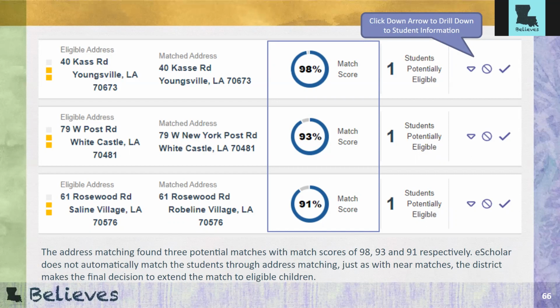It will produce a list, just as it does with near matches, for you to resolve and make a final decision whether to extend those benefits to those eligible children. You can click on the down arrow to drill down to more of the student information.